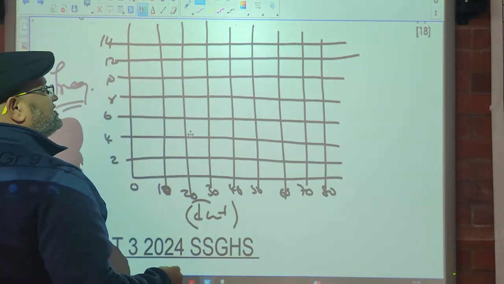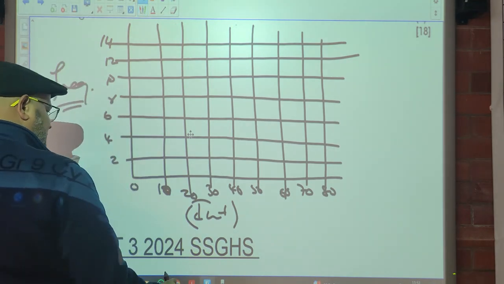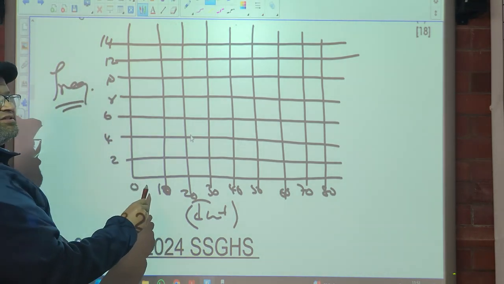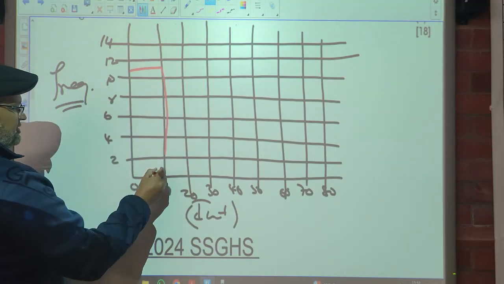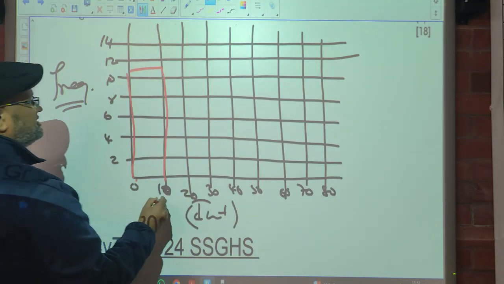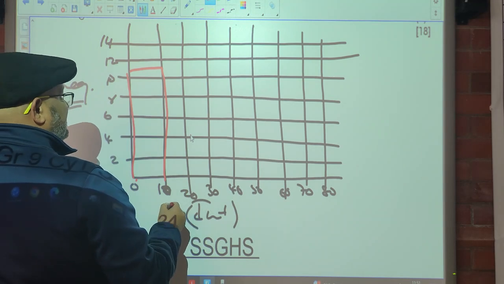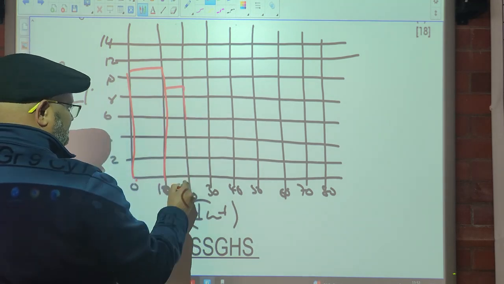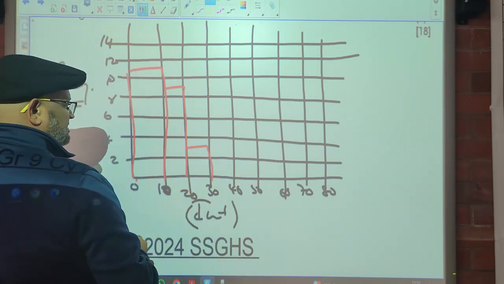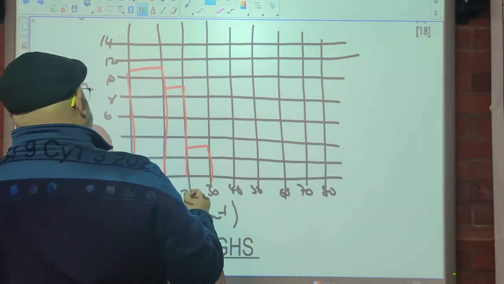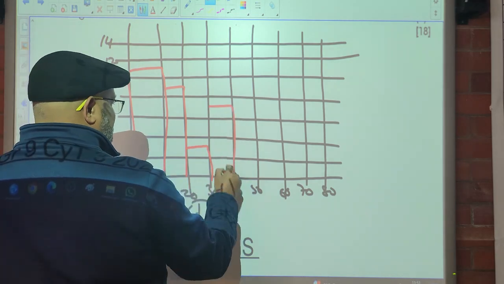Okay. So the first one was, what was the value of the frequency of the first one? 11. So of course it's there. You all agree with that? And then 9. And then what? 3. Next one? 7. Right?